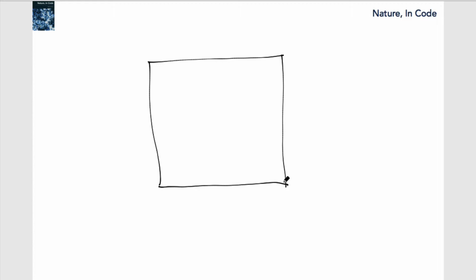And so what we could do is assume a world that looks like this. So sort of have a two-dimensional space here. And then we could put individuals on this space. And we could put them at specific locations, and maybe they could move around.